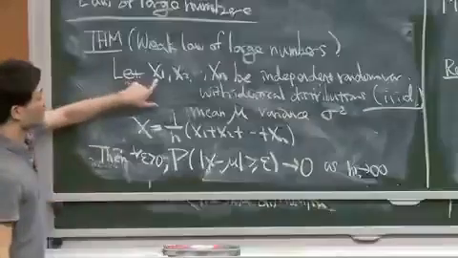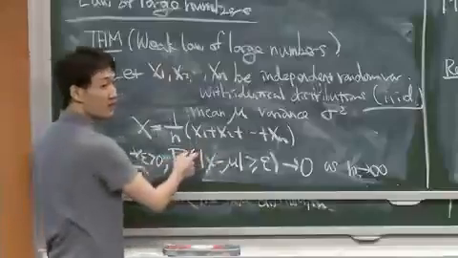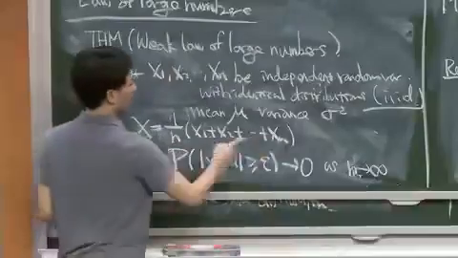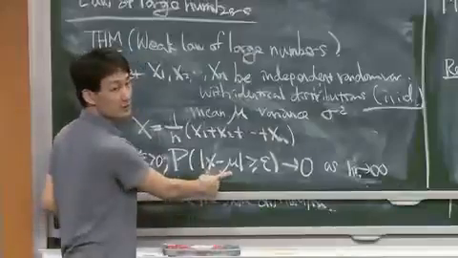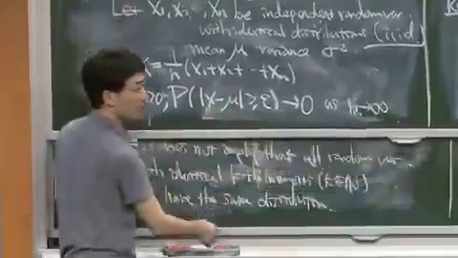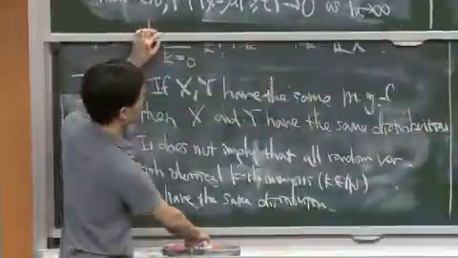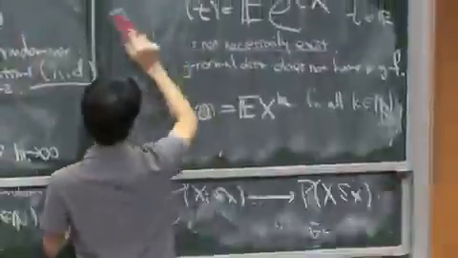So whenever you have independent identical distributions, when you take their average, if you take a large enough number of samples, it will be very close to the mean, which makes sense. That's the concept.